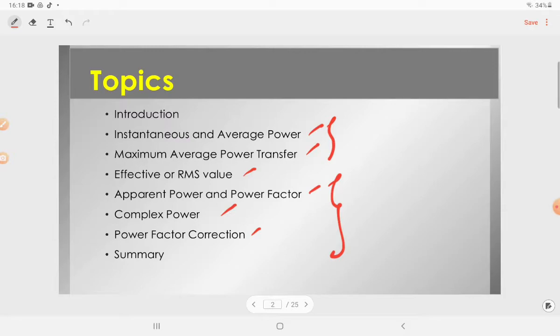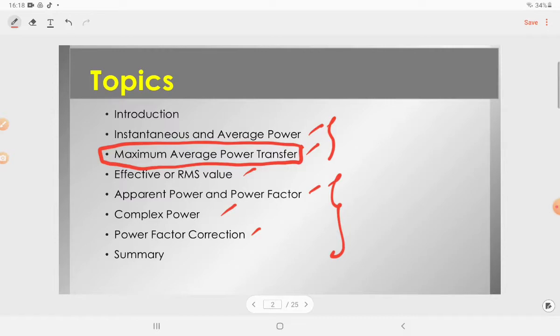But sorry, we will look at this part, because this part is essential for you to know. You already learned about AC analysis, where we covered Thevenin and Norton theorem.